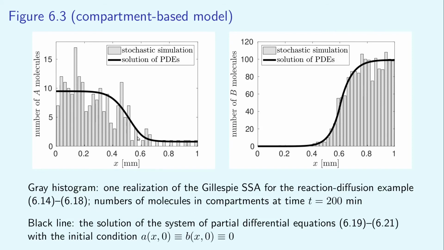Considering the spatial histograms, the results calculated by one realization of the Gillespie algorithm are difficult to distinguish from the results calculated by our molecule-based model. We would need to calculate averages over many realizations to have a chance to see some differences.